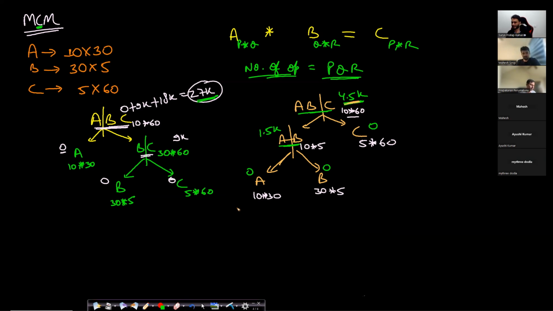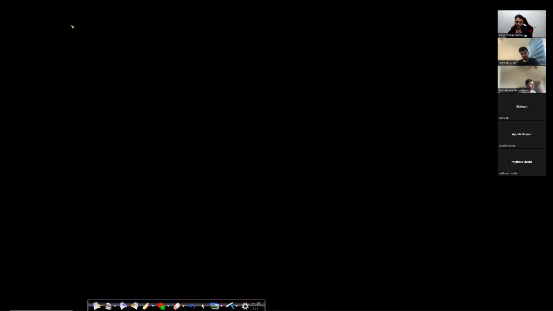So if the question is clear, then I'll ask you about this: if I created all these possibilities, these are called partition points. I will name it as partition points. Okay. So let me take a new page. If I create ABC, this is possible partition point one, possible partition point two, right? That is how I got two different separation trees.